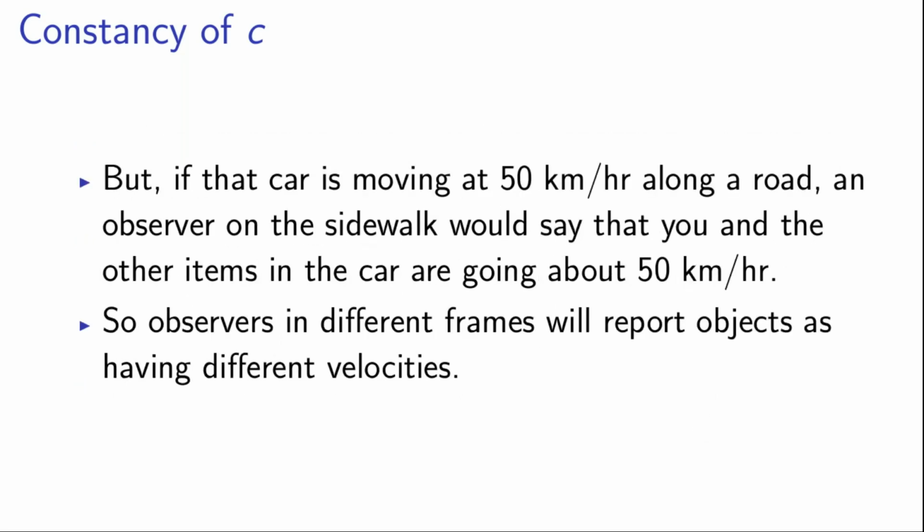But if that car is moving at 50 kilometers per hour along a road, an observer on the sidewalk would say that you and the other items in the car are going about 50 kilometers per hour. So observers in different frames will report objects as having different velocities.